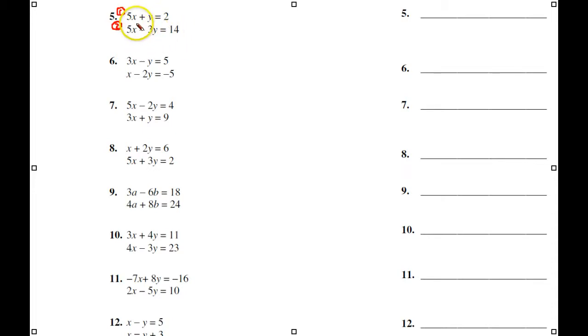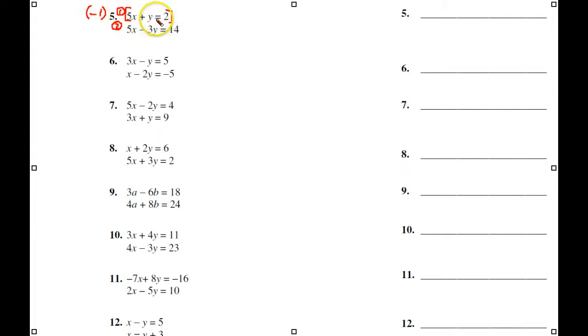So here's the case where we now have to start modifying the equations to make them equivalent equations such that something will cancel out when you go to add them together. So what I'm going to do is I'm going to modify equation 1 by multiplying each item by a negative 1. Each item of equation 1 by a negative 1.